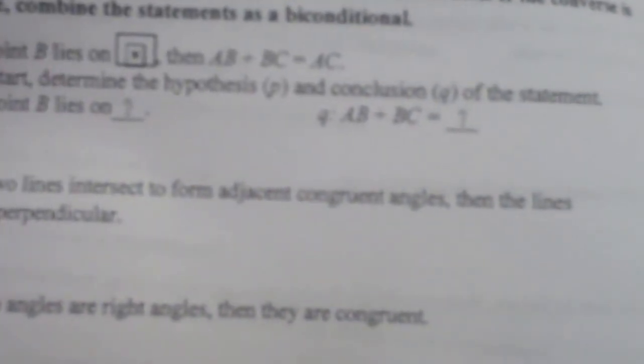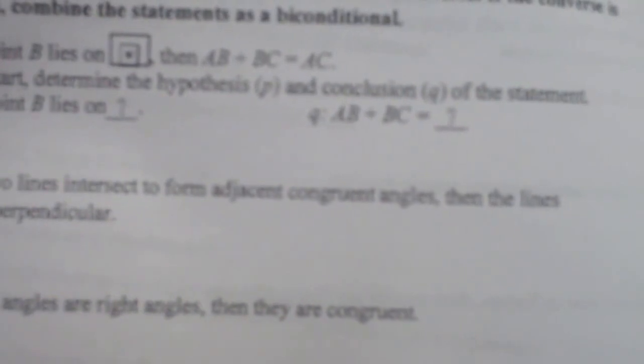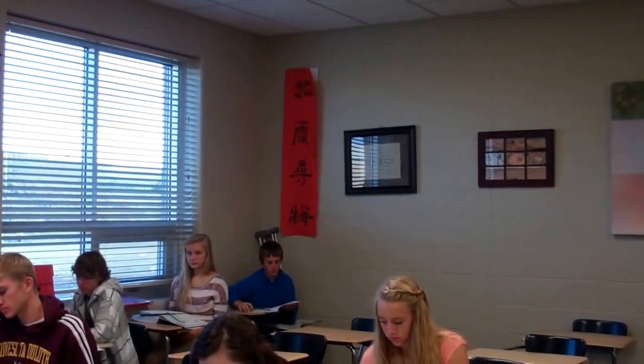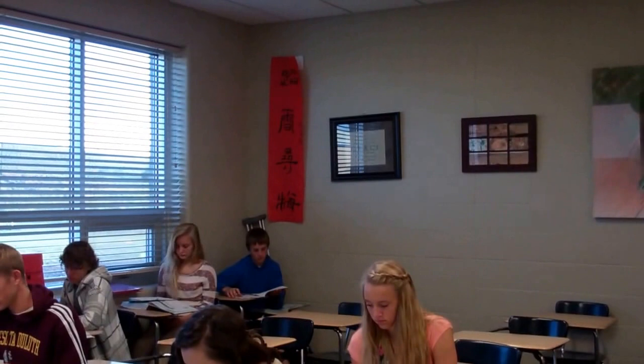But number 2 says if two lines intersect to form adjacent congruent angles, then the lines are perpendicular. First we have to decide if the converse is true. So I'm going to ask Levi to state the converse of this. Number 2 on the page that has a little 25 at the bottom, 2-3.